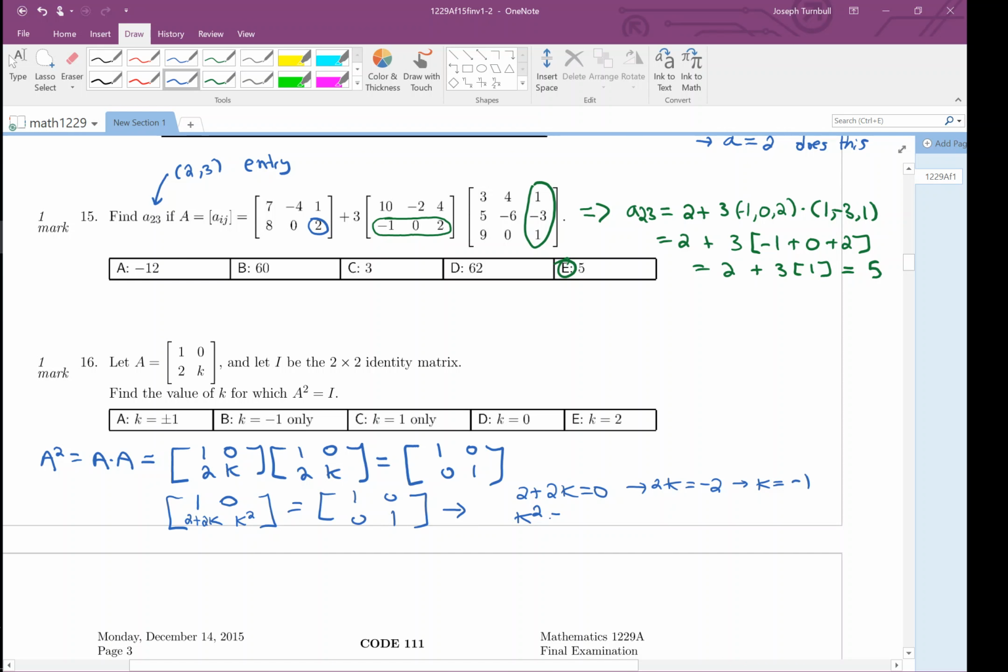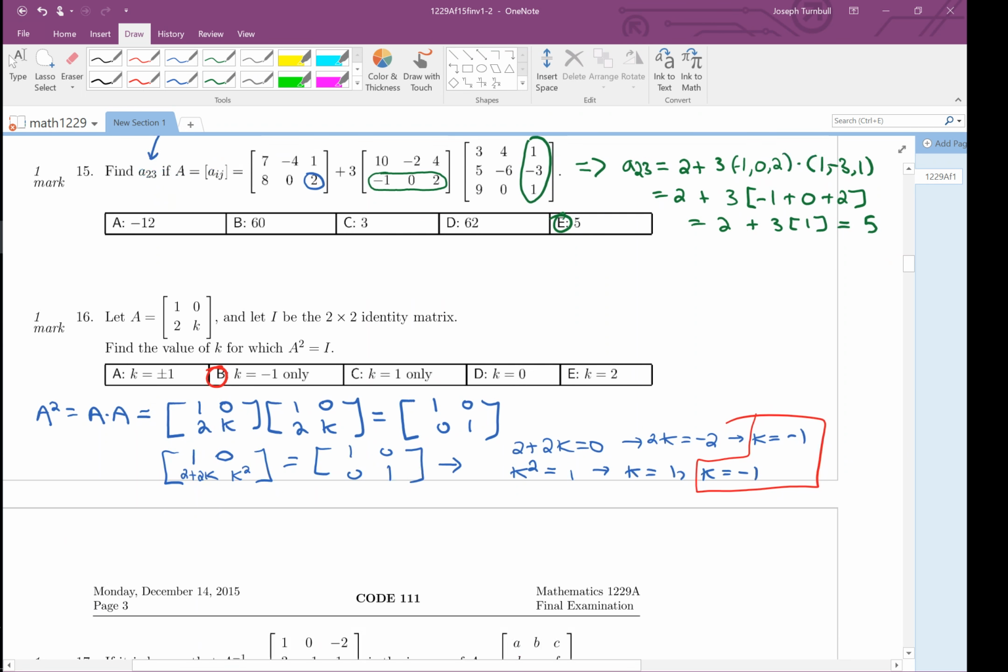So k squared is equal to 1. And that tells us that k is equal to positive 1 or k is equal to negative 1. And we need both things to be true simultaneously, and the only value of k that makes both things true at the same time is k is equal to negative 1. So choice B.